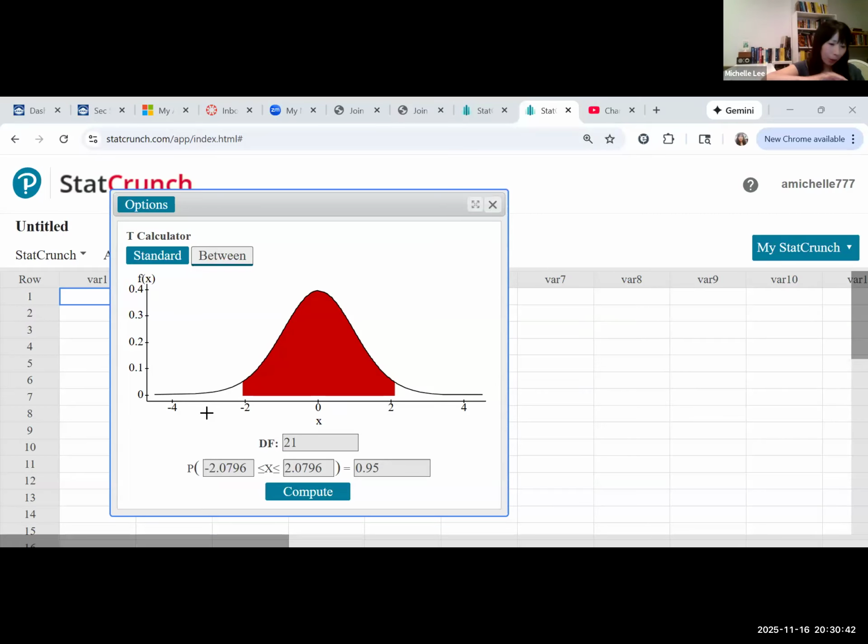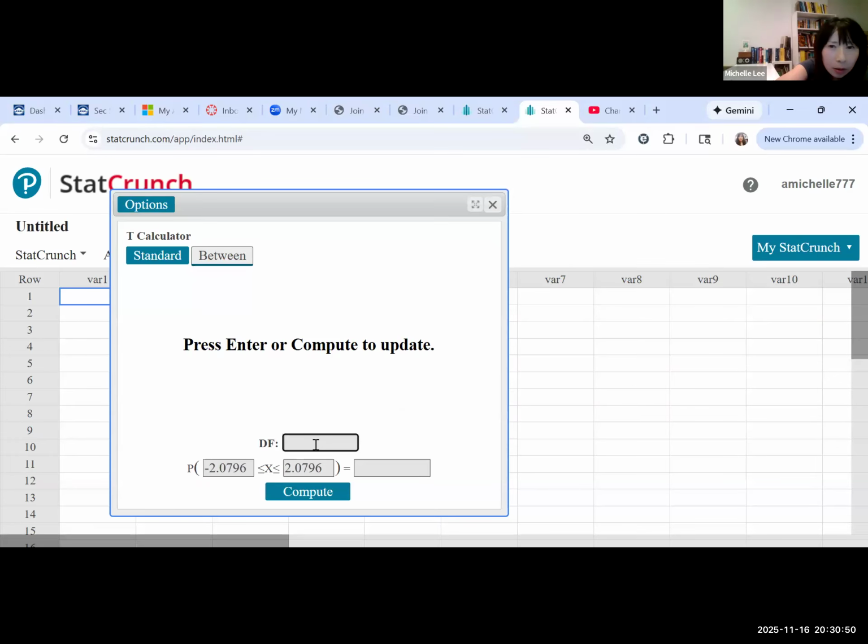We have between, and then 39. We want to know the t-value, the t-score.